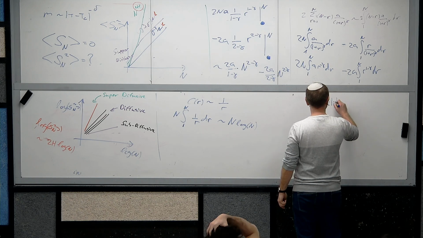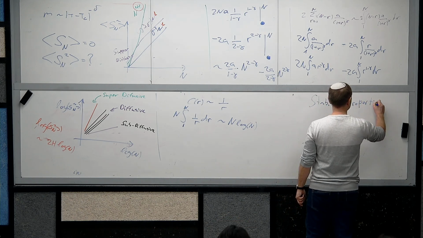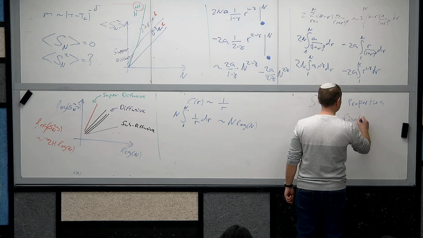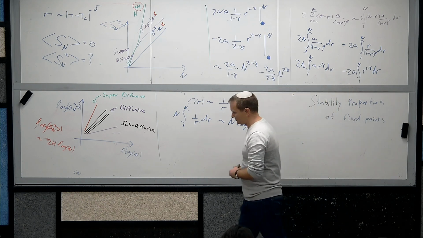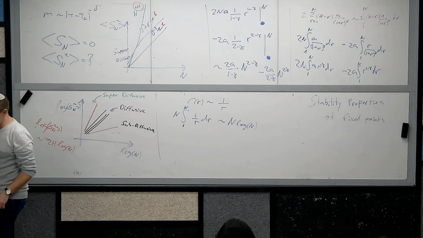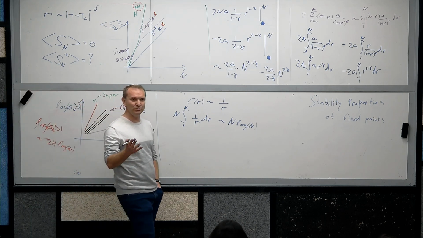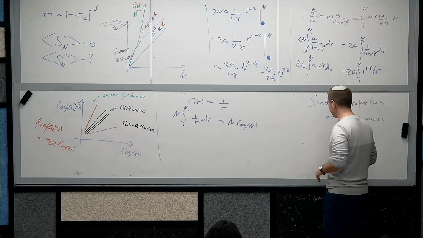Stability properties of fixed points. What I mean by stability properties of fixed points: in physics, you learn stability usually in mechanics, right?